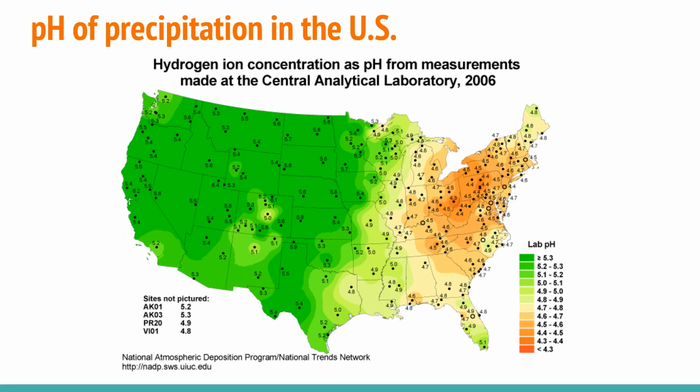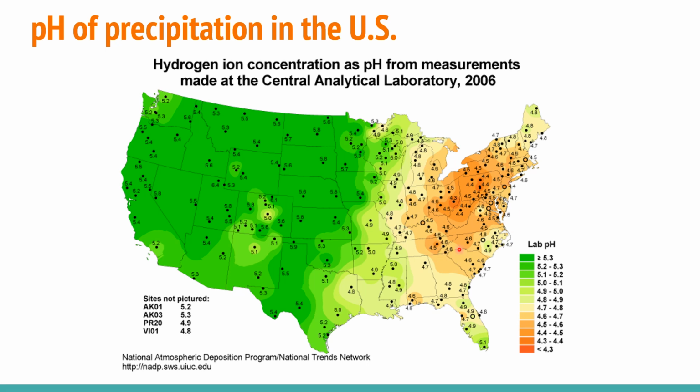This picture here shows the pH of precipitation in the US. It's looking at the amount of acid rain throughout America. Interpreting the graph, look at the pH values in the bottom right-hand section. If you have a value or a color of orange, less than 4.3, this is going to be more acidic than the color green, which is greater than 5.3.